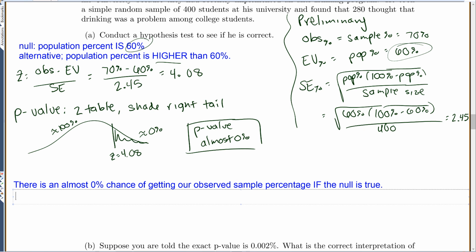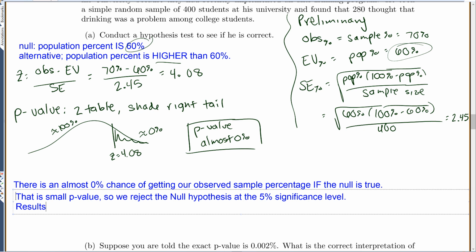Now, at any significance level, that's pretty small, right? So that is a small p-value. So we reject the null hypothesis at the 5% significance level, because that's just what we always do, and our results are statistically significant.